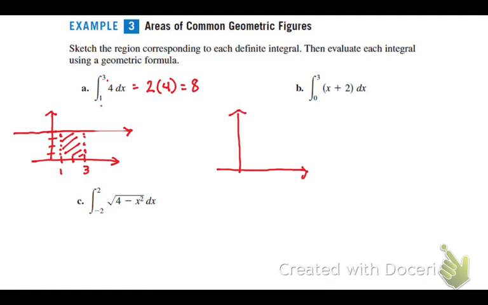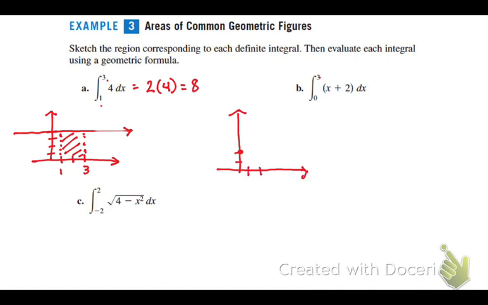Okay, so now we have y equals x plus 2. So how do I graph that? As a line. Well, your intercept's 2. So I go up to 2. And I'm going from 0 to 3, right? So if I plug in 0, I get 2.